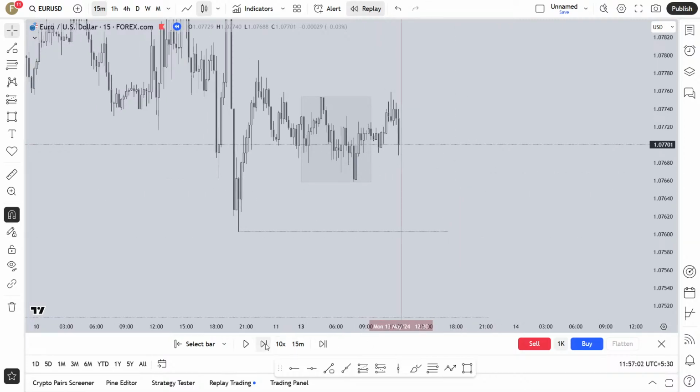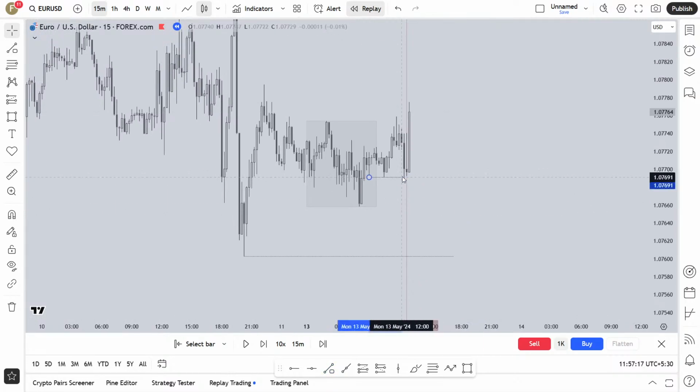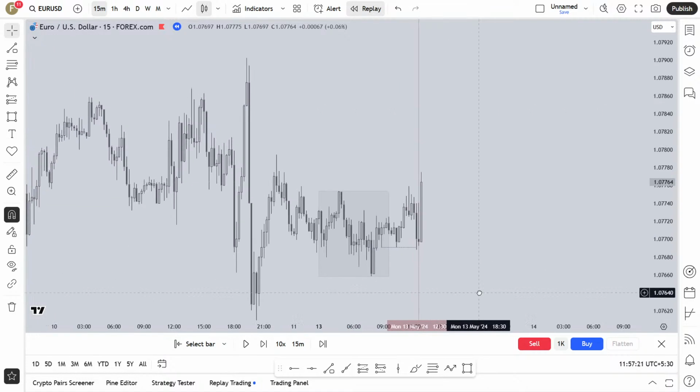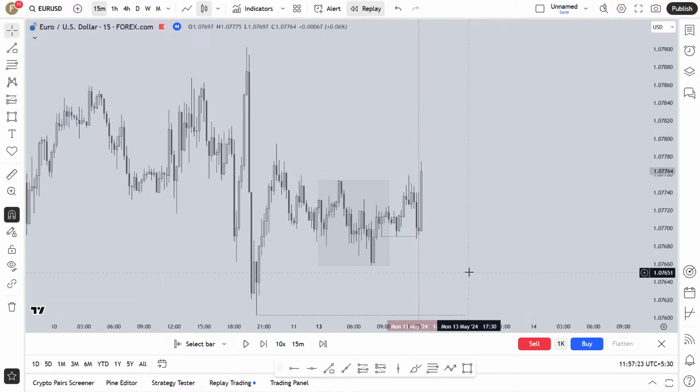Not trusting that, it's not that good. Here we can see the London swept this liquidity and broke the structure to the upside. Maybe they want to go for that.